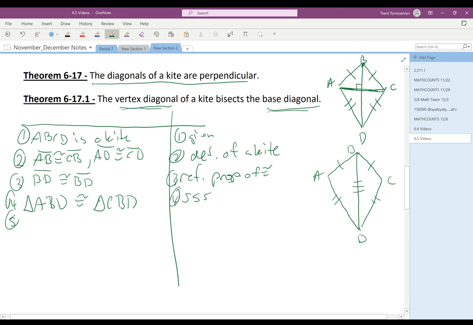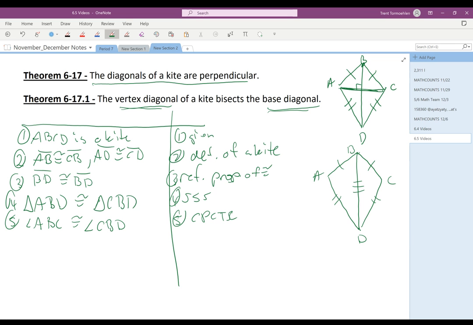From there, we're able to show that angle ABD is congruent to angle CBD by CPCTC. It actually is true on the other side as well: ADB is congruent to CDB, which we'll get to in a second.